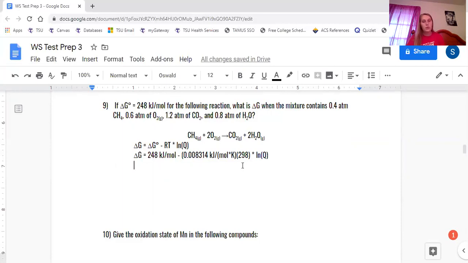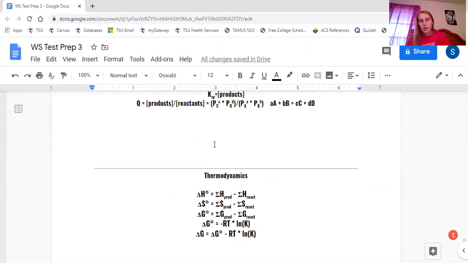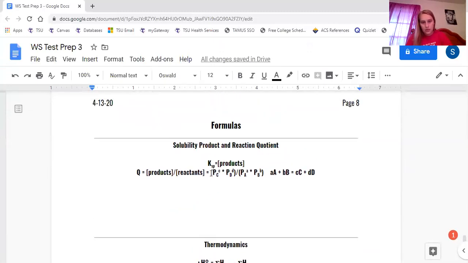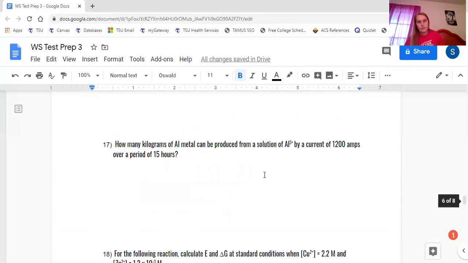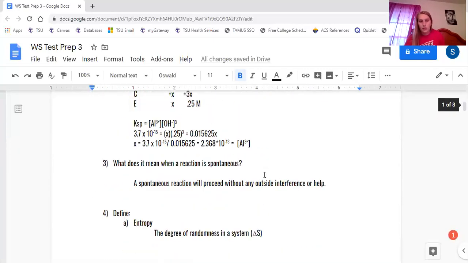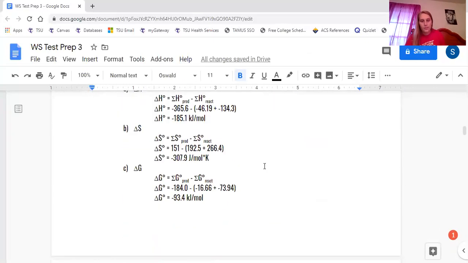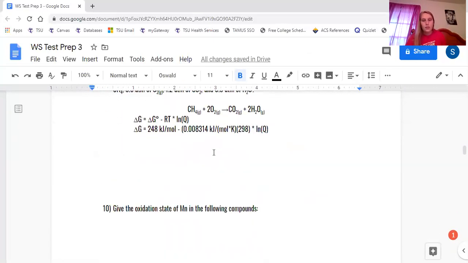a reaction quotient. And so like we talked about over here, the reaction quotient is going to be Q equals this equation right here.